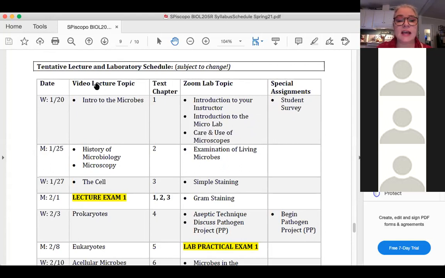And you can see that in addition to the video topic, there's also the text chapter that's associated with that topic. So this week, well, the first week, all the introduction material you could read up some more about in chapter 1. And then this week, we also go into chapter 2 and chapter 3 in the text.